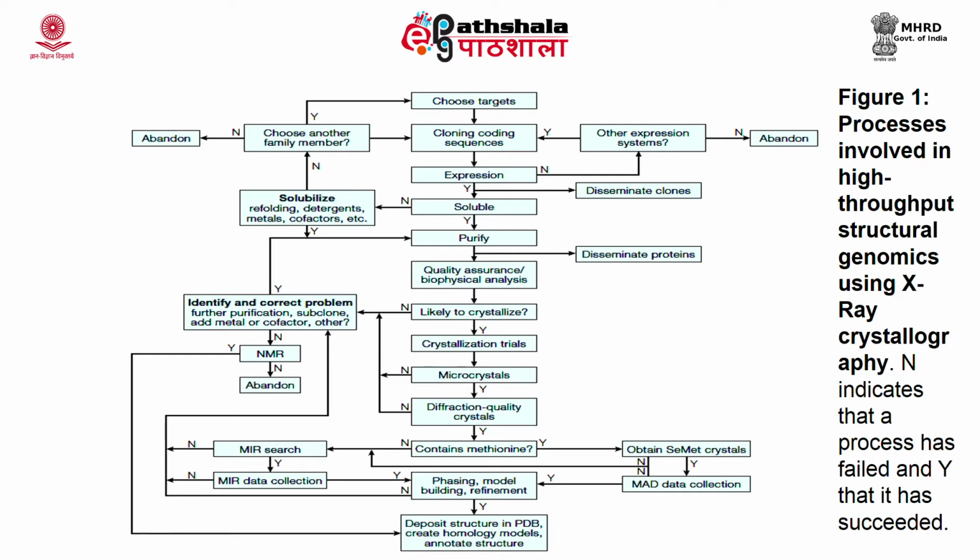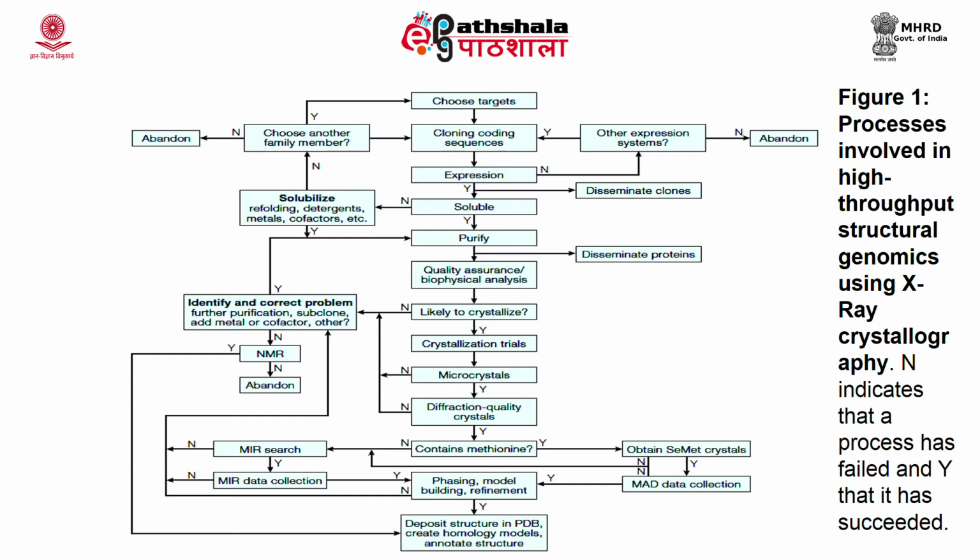Basically this process begins with choosing the target, then cloning the coding sequences of it, followed by its expression either as soluble protein or as an insoluble protein. If soluble protein, then it is sent to the next stage of purification, and for quality assurance and biophysical analysis, this previous step will tell whether the protein is crystallizable or not.